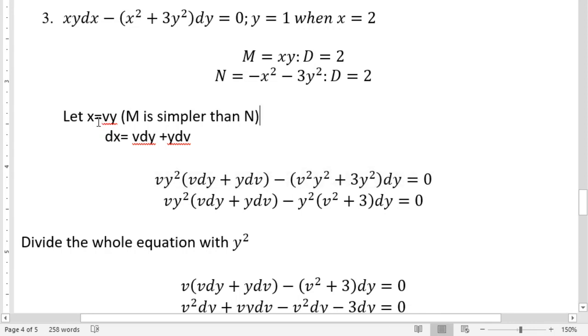And then, substitute natin itong si vy. So, sa x siya, magiging vy times y or vy squared multiplied by dx. Ang dx natin is v dy plus y dv.